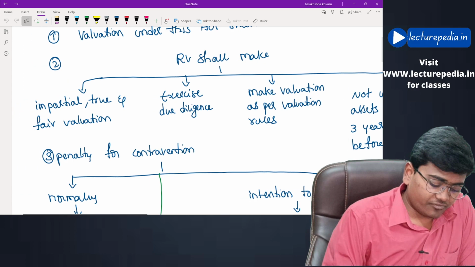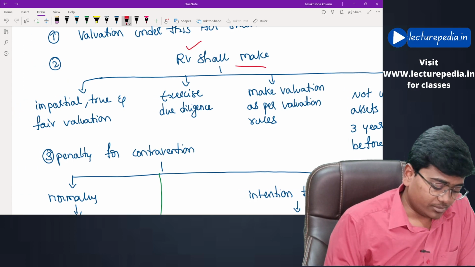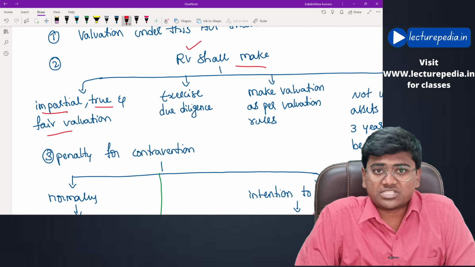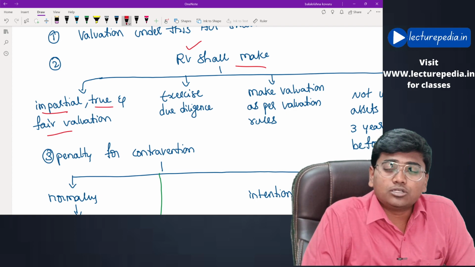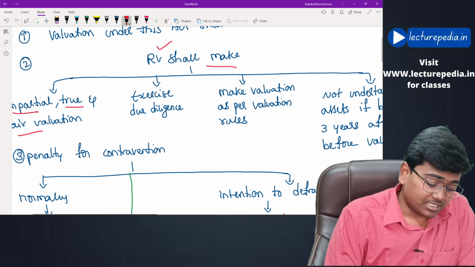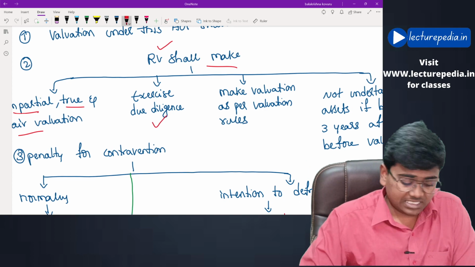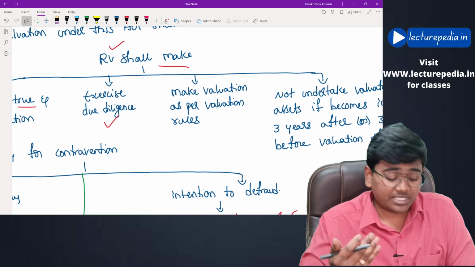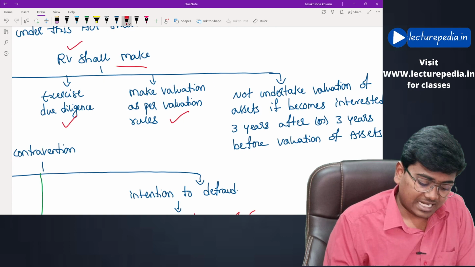What are they? First of all, registered valuer shall make impartial, true and fair valuation. He must give an impartial and true valuation, and he must exercise due diligence. And he must conduct the valuation as per the valuation standards.